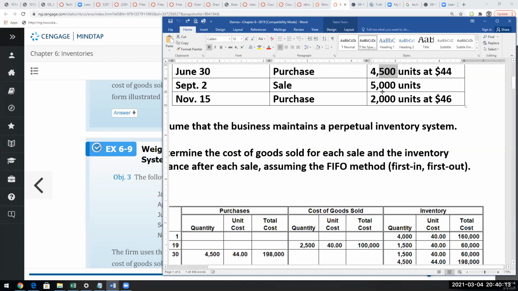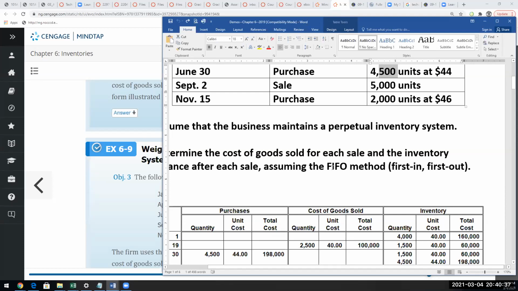Because I'm going to sell 5,000. And because I'm doing FIFO, I don't have 5,000 of one type. I've got 1,500 and I've got 4,500. So I've got plenty total. I've got 6,000. I can sell 5,000 of the 6,000 and still have 1,000 left over. The question is, what happened to my inventory?